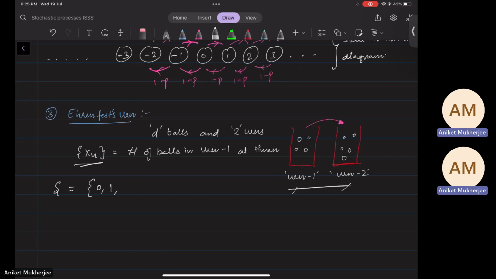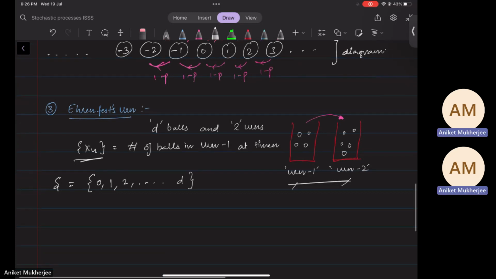But more probable is that you'll pick a ball that is in urn 2 because urn 2 has more balls, so you'll put it in urn 1. So it can be 2. The worst case that could happen is all the balls you have chosen from urn 2, and at some point of time, all the balls have come back to urn 1. So that is D. Right. So the state space is finite. In the previous two examples, the state space was infinite. Here, the state space is finite, 0 to D. You have an upper limit on what the state should be. Right. Okay.